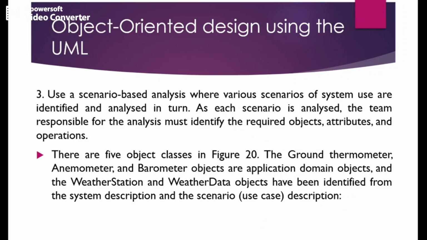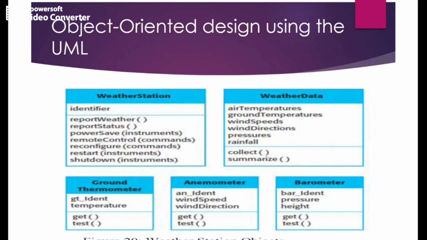So here we can see that the ground thermometer, anemometer and barometer objects are application domain objects. The weather station and weather data objects have been identified from the system description and scenario description. So the principal objects here are ground thermometer, anemometer, barometer.